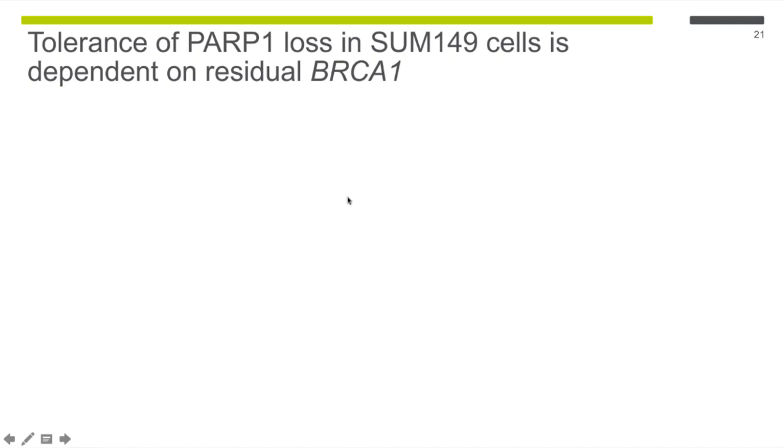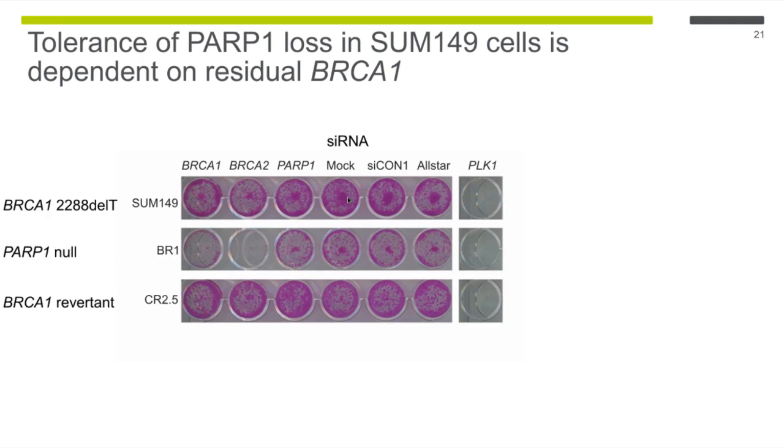So this was a question of why these BRCA1 mutant cells can tolerate PARP1 loss. We knew from earlier double RNAi experiments that these two things should be synthetically lethal. So I repeated some of these experiments, but including our PARP1 null mutants that we identified from this screen.